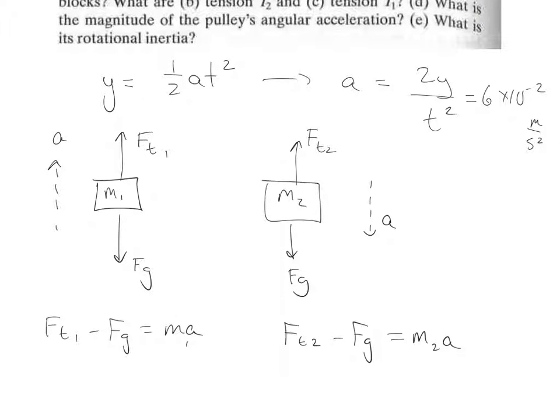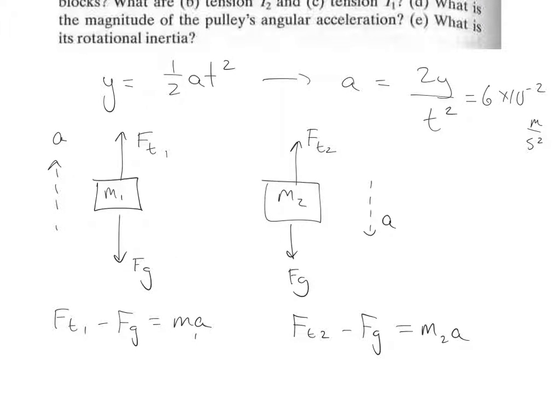All right, so if we go ahead and solve these, because we know all this information, right? Ft1 is going to equal m1 times a plus m1 times g. Again, where a in this case is positive. Ft2 is going to equal m2a plus m2g, where in this case, though, a is negative.